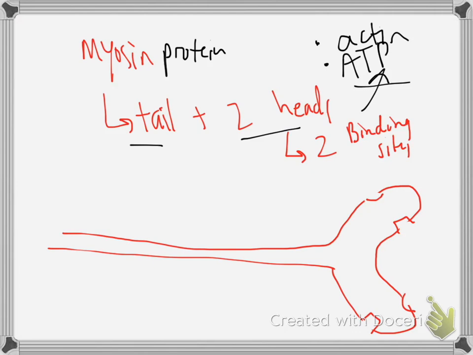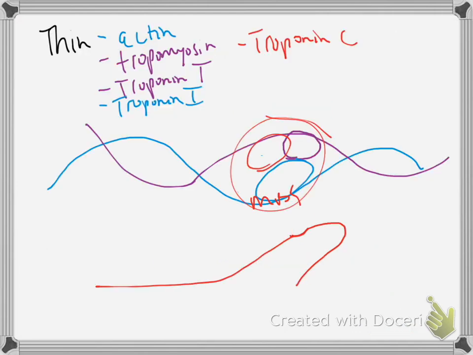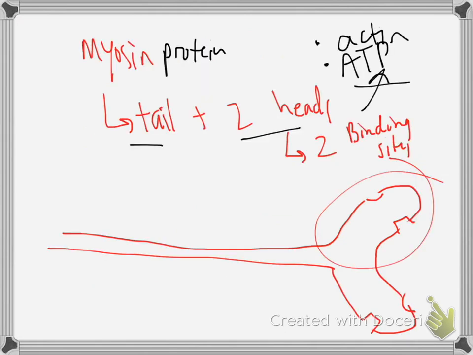This is called our high energy configuration when it's shaped like this because it's ready to grab this actin. Once it reaches up, grabs this actin and pulls it towards the M line, then it will look like this. So the low energy configuration would be this shape. So these are the 2 heads in low energy, so high to low.